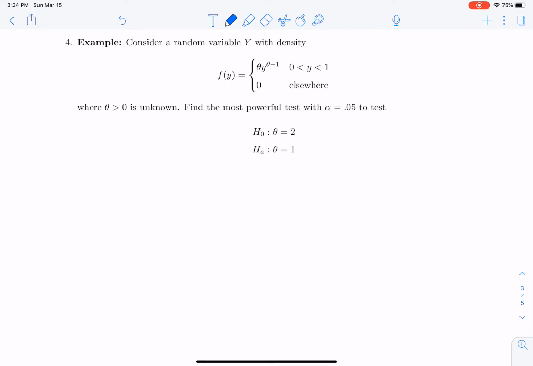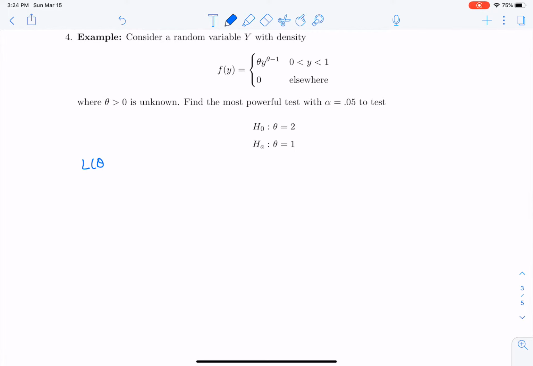So in order to apply the Neyman-Pearson lemma, we're going to need to do the ratio of two likelihoods, the likelihood of theta 0 over the likelihood of theta a. So remember, the likelihood would be, in this case, f of y given theta 0, since we only have that one parameter, and then the likelihood of theta a would be f of y given theta a.